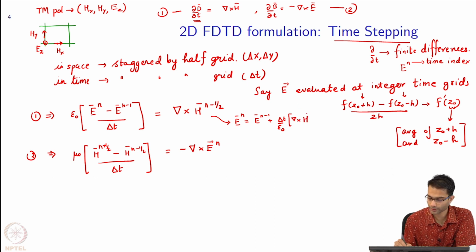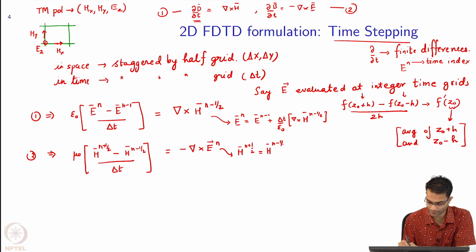Curl of H evaluated at n minus half. Similarly, what is the farthest in time in this equation? N plus half, right? So, H of n plus half is equal to H of n minus half minus delta t by mu naught curl of E at n.